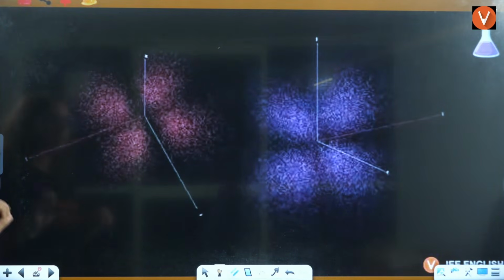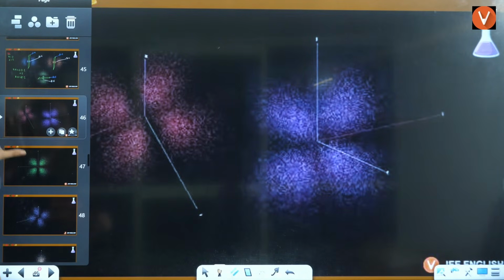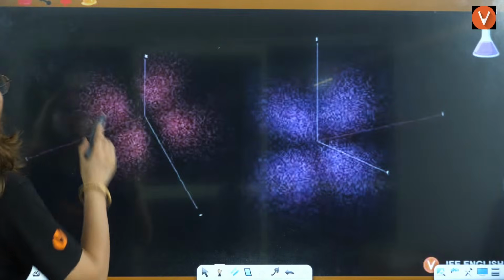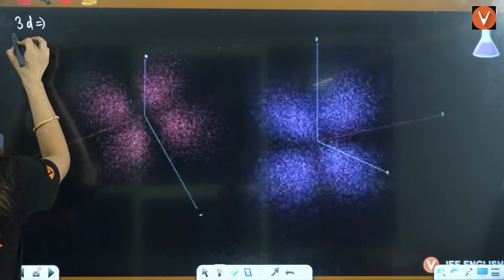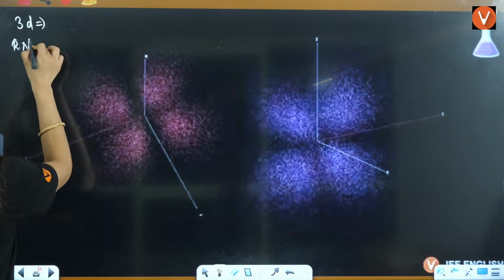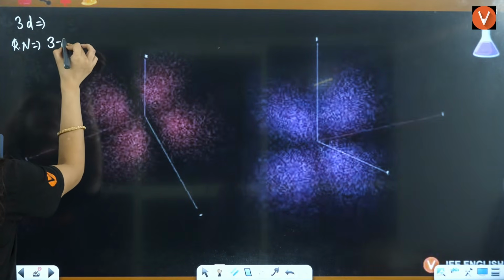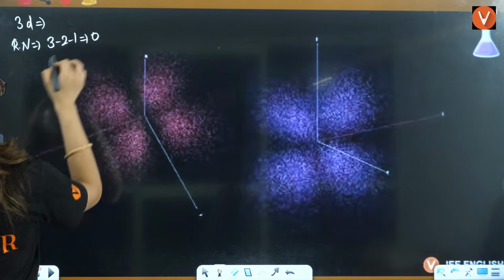Then this is for D, right? For D, it's slightly more complicated. So what I'll show you, just simply do this. For 3D, n is 3, l is 2, radial node is 3 minus 2 minus 1, that is 0.